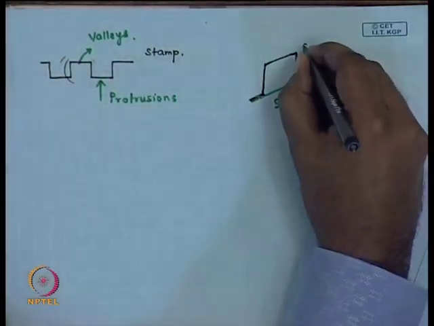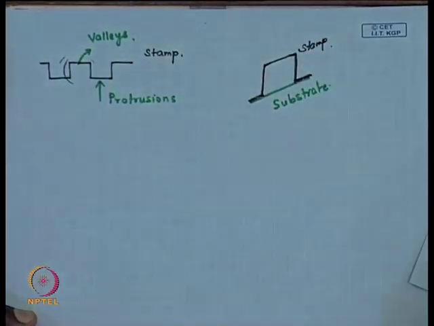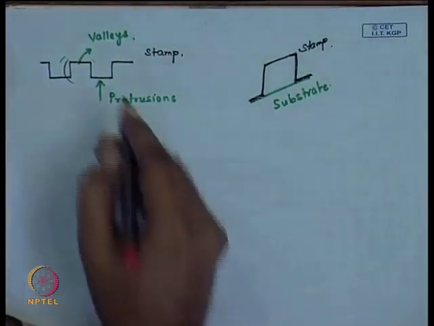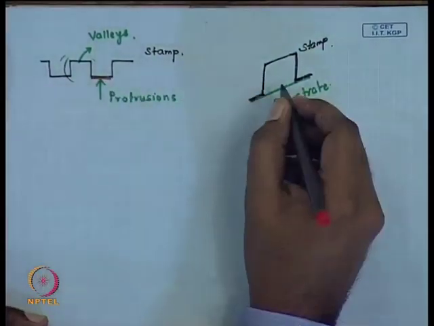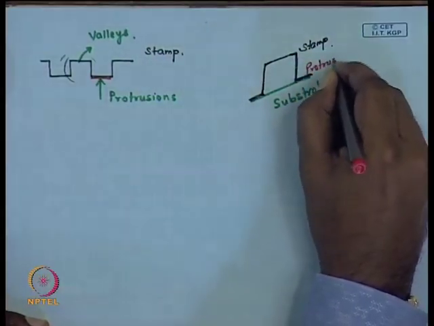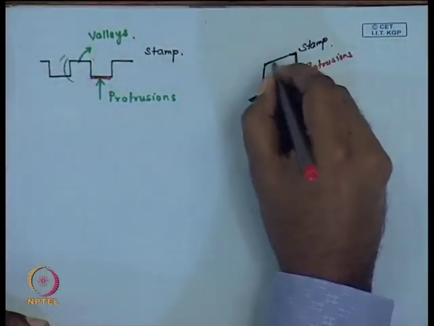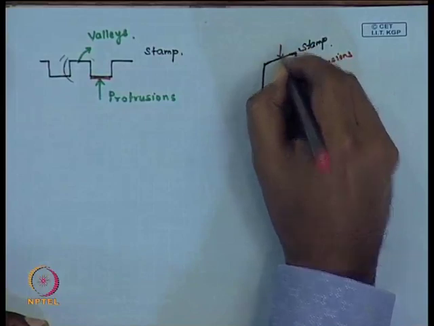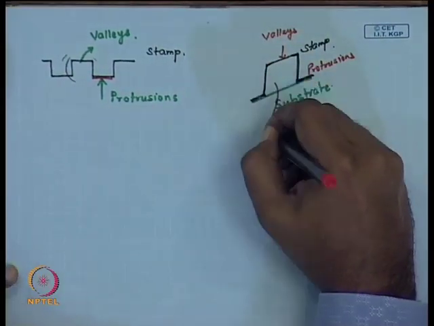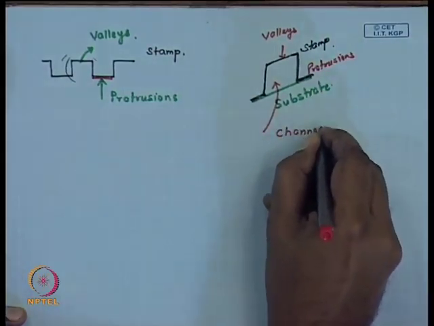So, what you immediately realize looking at the figure in somewhat detail, is that the stamp protrusions come in conformal contact with the substrate, and each stamp valley forms a channel or a micro channel.